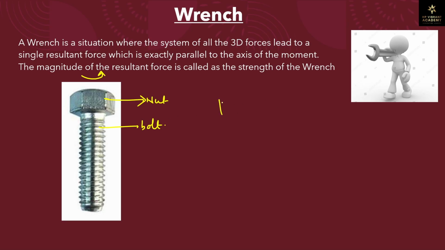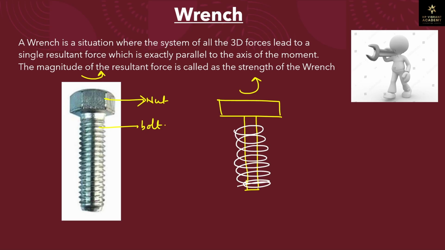So we have a nut like this and we have a bolt. Let us consider the rotation in the anti-clockwise direction. This nut rotates in this particular fashion, and this is the axis of moment.